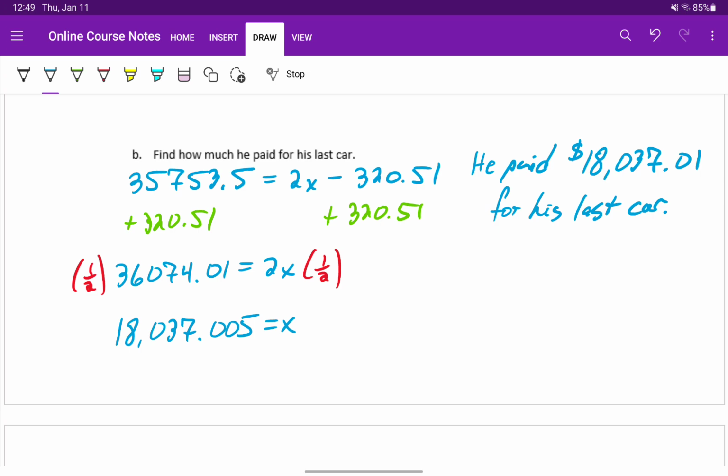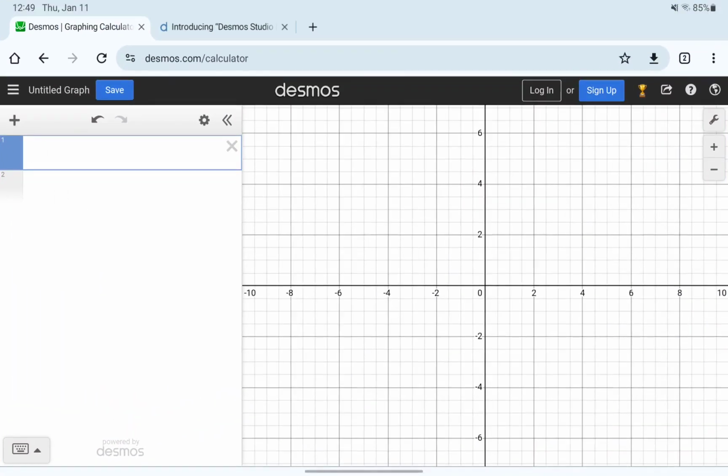And we can check that result by plugging in the value we found into our expression. So 2 times 18,037. We need to make sure we use that exact value, because although if we don't do that, our result will be close but not quite right.